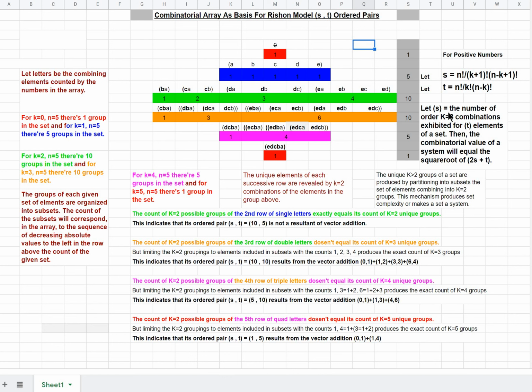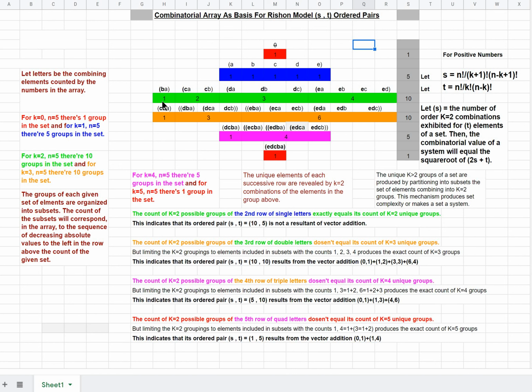Now, if we let S equal the number of order k equal 2 combinations exhibited for t elements of a set, for example, we can say that here are t elements and here are the k equal 2 order combinations.